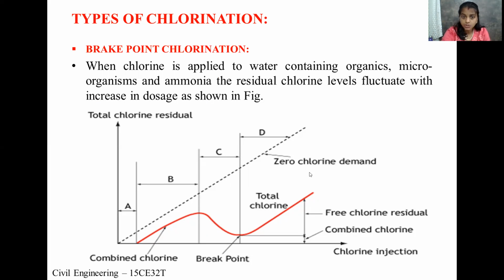Okay, and this dotted line shows the zero chlorine demand. I mean water is purified in the sense, what is the meaning of that? No chlorine demand. The water doesn't require any amount of chlorine which is used for the disinfection of water. Okay, and this red line, combined chlorine, it is showing the combined chlorine, and you follow this pointer.